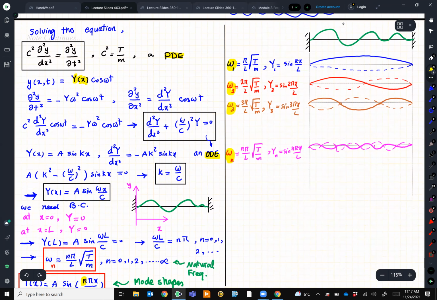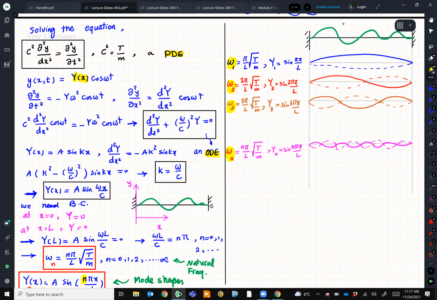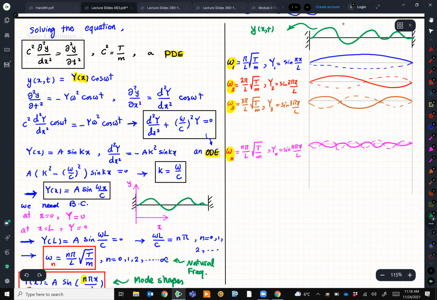But we are looking for that green graph, the total response. This is what we want, which is y(x,t), the total response. So the total response is the sum of all these responses. So my y(x,t) will be the sum of y_n(x) multiplied by cosine omega_n t.